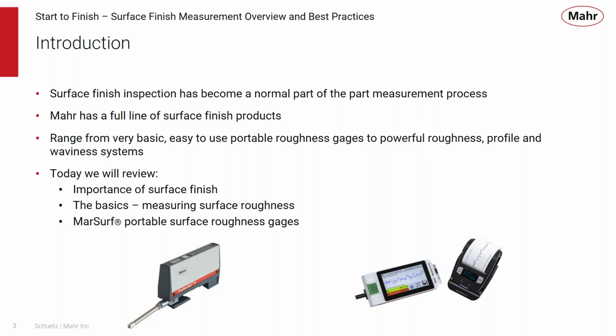And today, we're going to talk about the importance of surface finish. We'll talk about the basics, some of the parameters and things to watch out for when you're trying to measure surface finish. And then we'll give you a quick overview of the MarSurf portable surface finish line of roughness gauges. So let's begin.